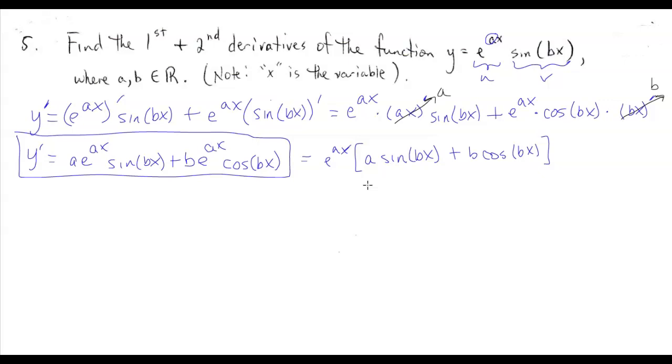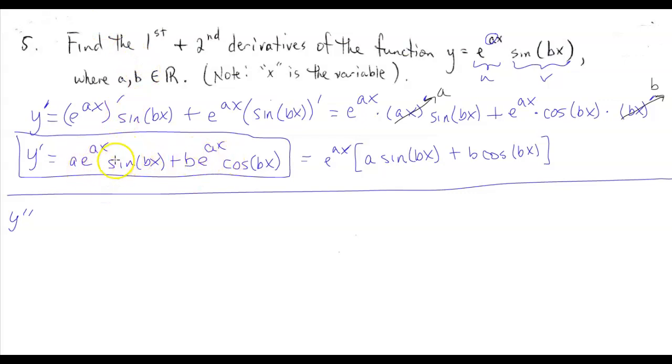All right, so now what we need to do is find the second derivative. So we'll give us a little separation here. For the second derivative, we want to take the derivative of the derivative. Okay. Now, for purposes of trying to be as efficient as possible here, I'm actually going to elect to take the derivative of the derivative by using this version here.